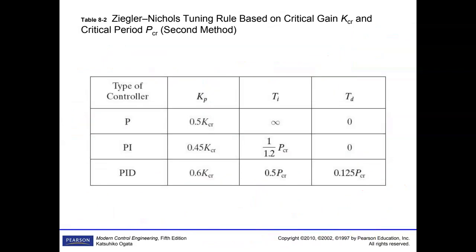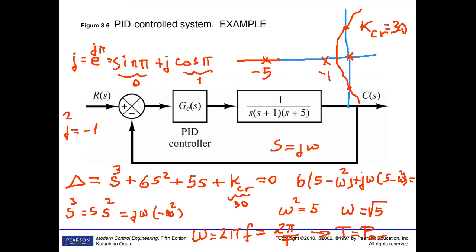We obtain that KCR 30 is the one, but what we need also is PCR. Since the poles are already located on the j omega axis, for delta we put j omega. When you put j omega and solve it, you obtain omega, and from omega you obtain T, the period, PCR.